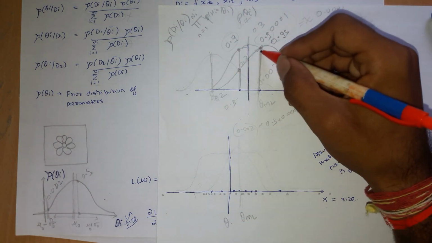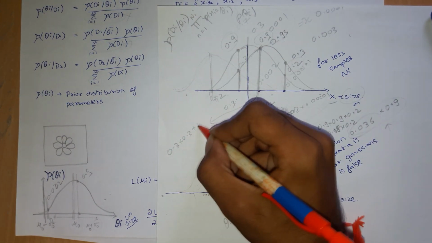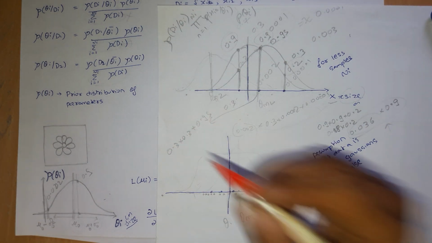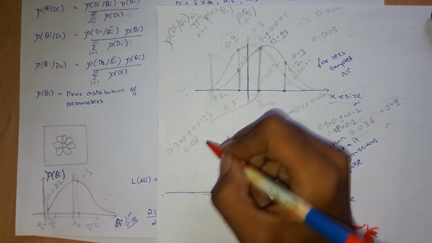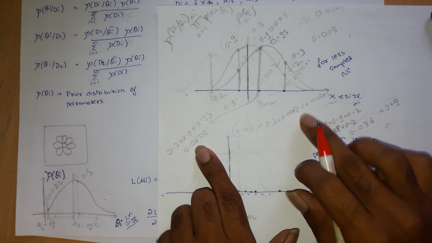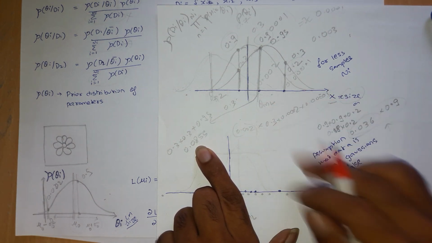So for this particular mean you have 0.3 into 0.3 into 0.95, which is again a very big probability, which is nothing but say 0.0855. So this is a greater number if you compare only the ML method, only the likelihood.